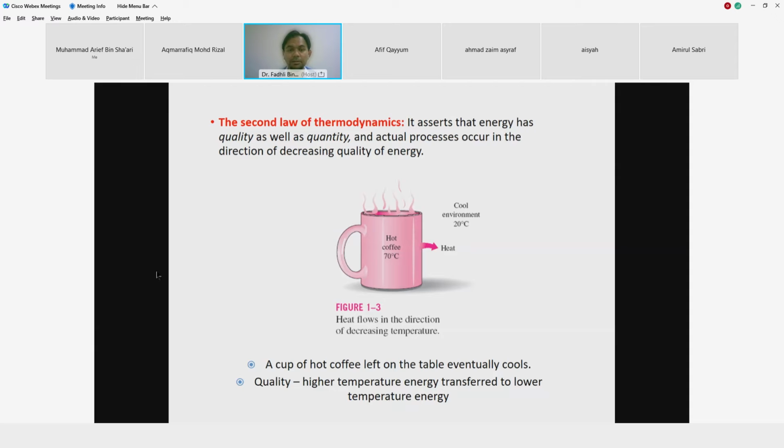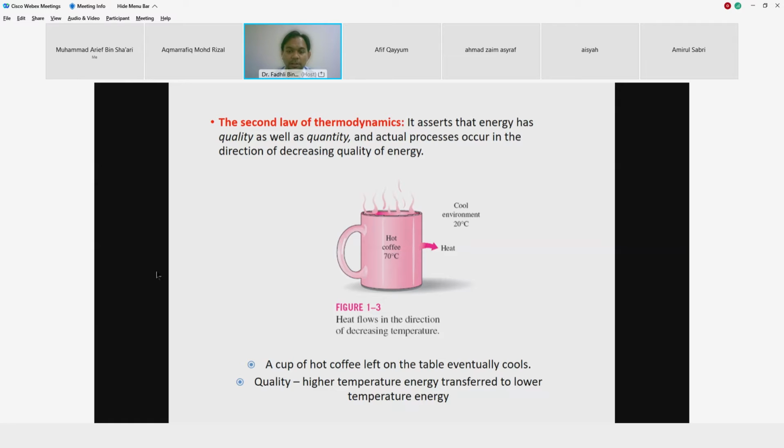Because heat is transferred from the hot coffee to our environment, where the temperature is 20 or 25 degrees C. So heat is transferred from a hot place to a cold place. That's what the second law stated.